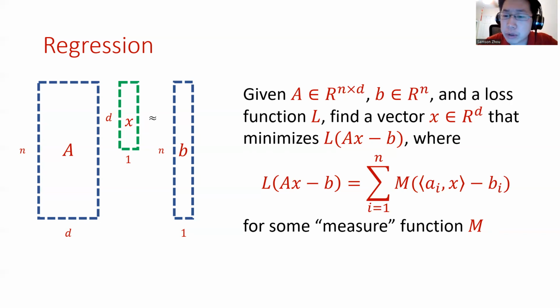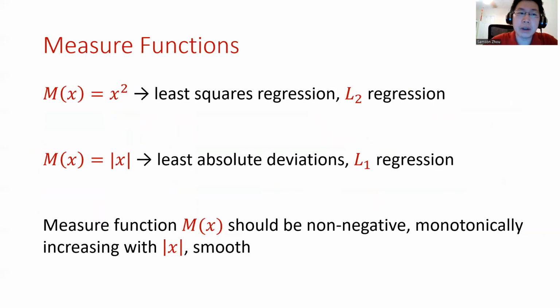Here we're just given some arbitrary measure function M, but our choices of M could have different meanings depending on what we choose. For example, if we set M(x) to be x squared, then we get the least squares regression problem, or the L2 regression problem. Or if we set M(x) equal to the absolute value of x, then we get the least absolute deviations problem, which is the L1 regression problem.